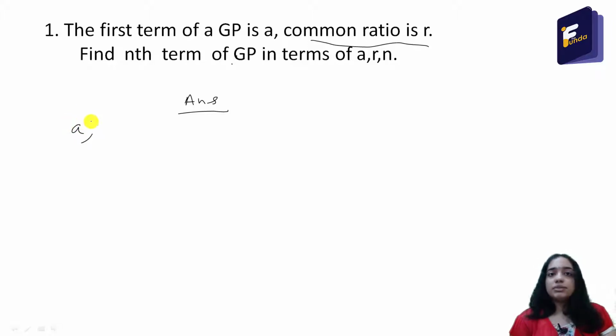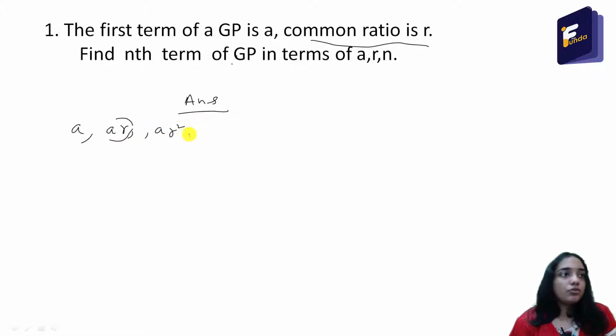So here the first term is a, so the next term will be a into r, that is ar. The third term will be this term into r, so it will be ar square. Fourth term will be this term into r, so it will be ar cube.